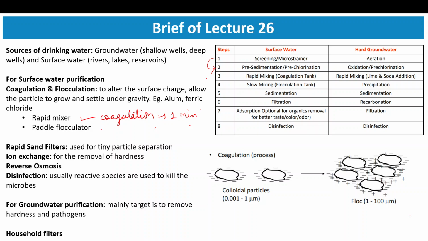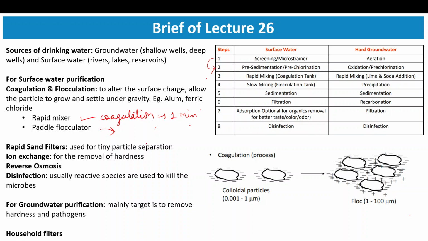While in the case of the flocculator, since we want particles to come closer, form bigger particles and settle, if we provide faster agitation, then what will happen? Even what has settled will not settle; it will come upward. If we provide more agitation, the particles will break.